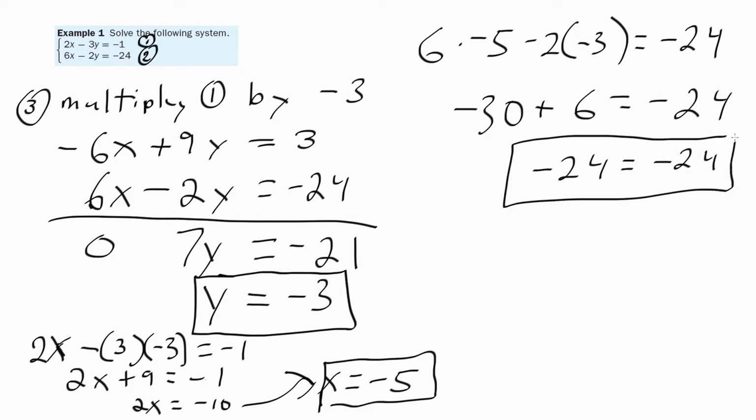We have our solution. Now, there are certainly other numbers we could have multiplied this equation by. We could have multiplied equation 2 by negative 1/3, and then added them together. That would have left us with a 2/3 fraction for y. But it could be done.